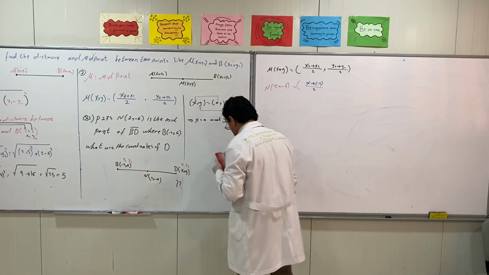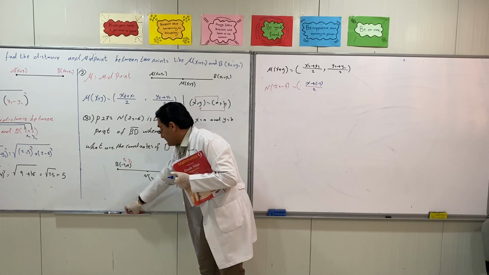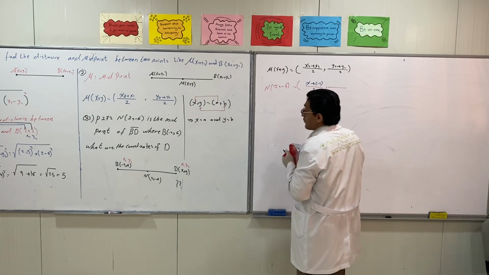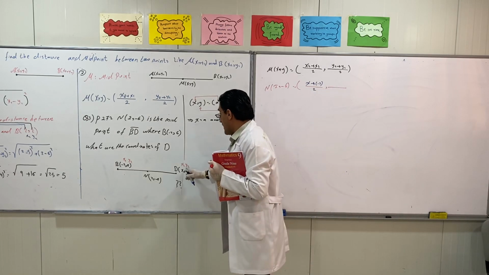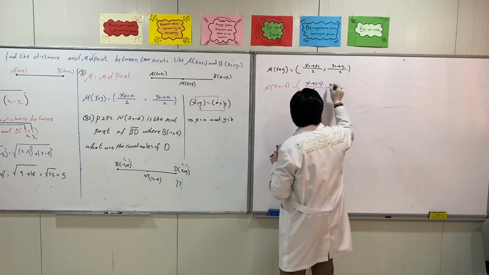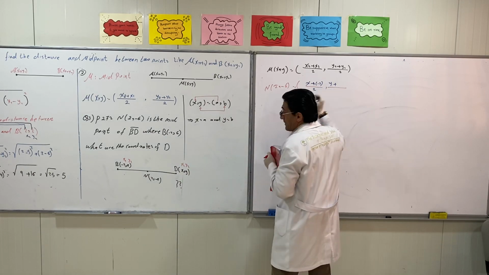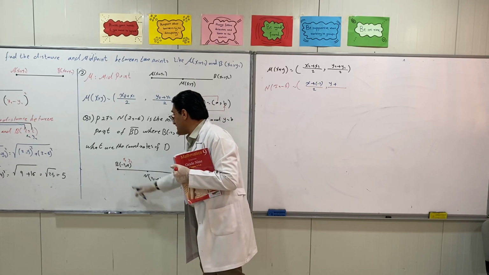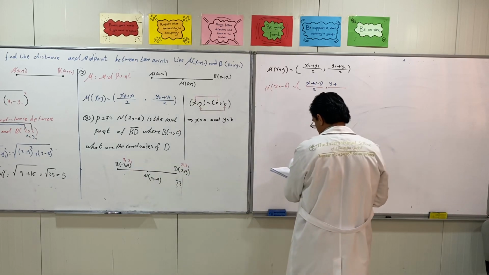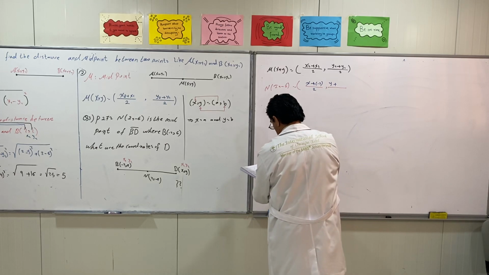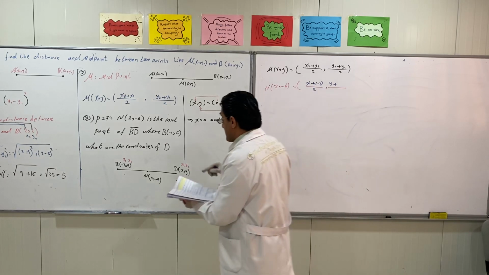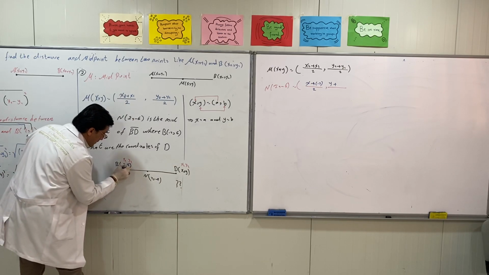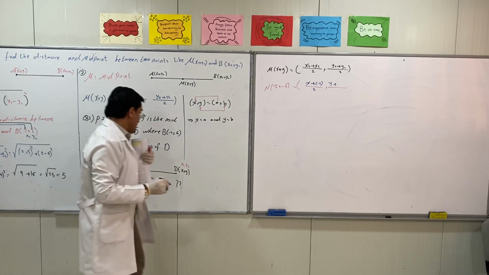For the second coordinate, y2 is y, so write y plus y1, and y1 is 6.